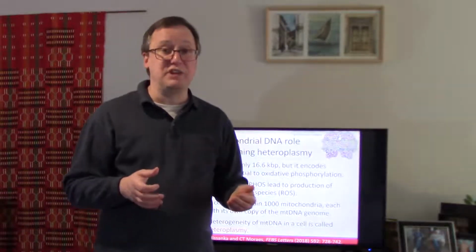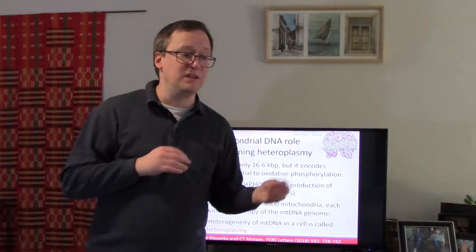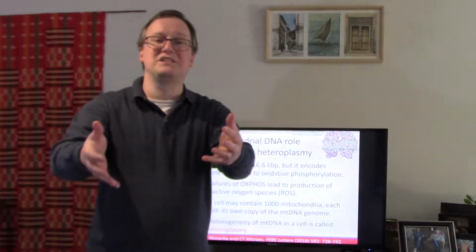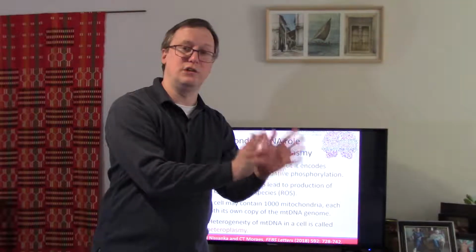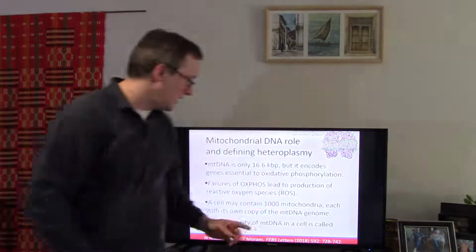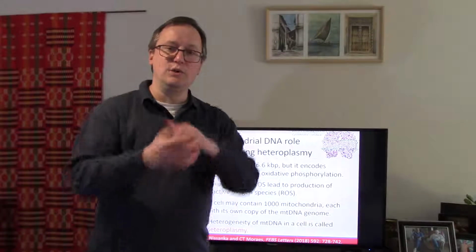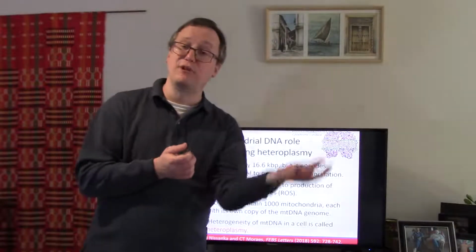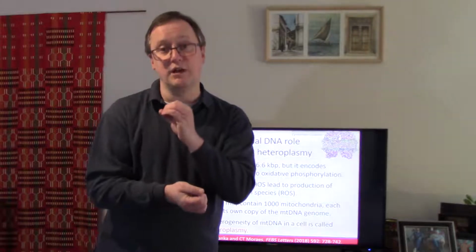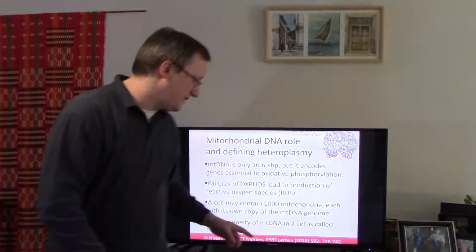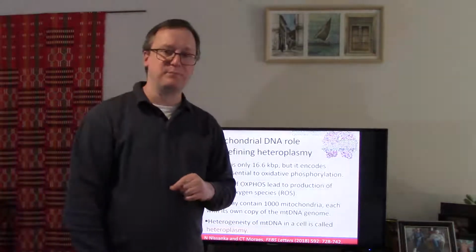And a lot of people think that there's a strong link between the effects we see in aging and an accumulation of dysfunctional mitochondrial genomes. So in a given cell, if you have a bunch of mitochondria, some of which are perfectly functional and others of which have flawed mitochondrial DNA, you have a condition called heteroplasmy.